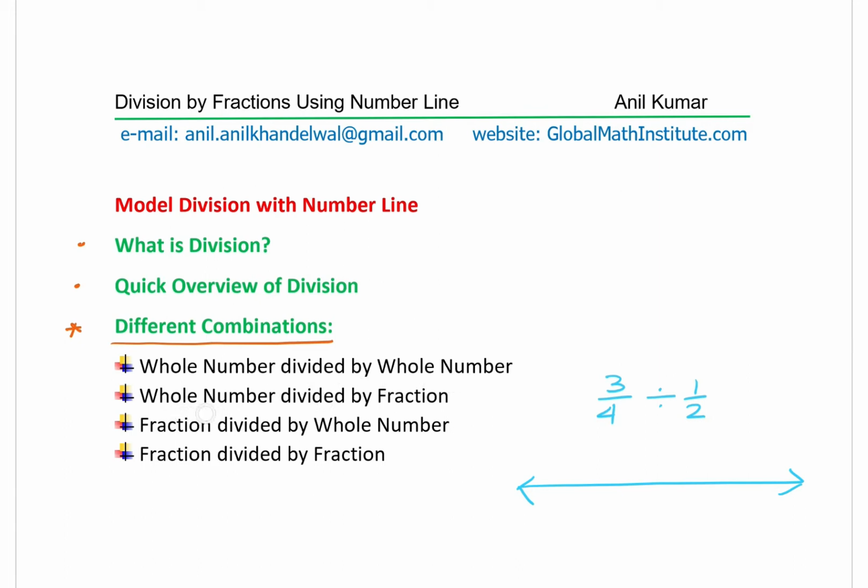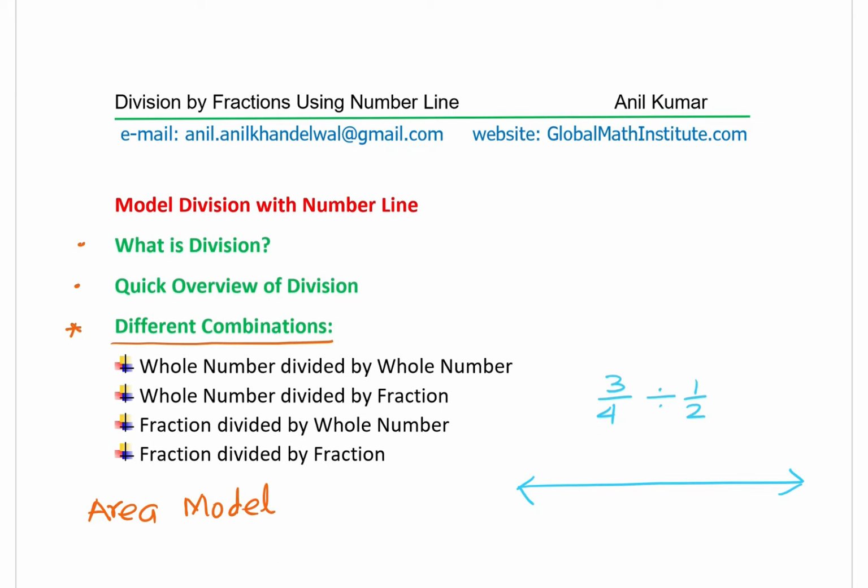We may divide a whole number by fraction, fraction divided by a whole number, or fraction divided by fraction. So these are the four cases which we will consider one by one. There is another model, let me name that also, which is called the area model. So if you are interested in area model, you can look into other videos.